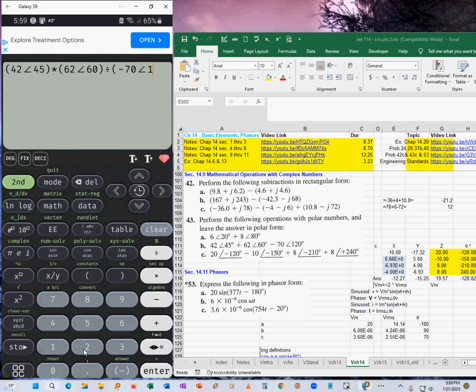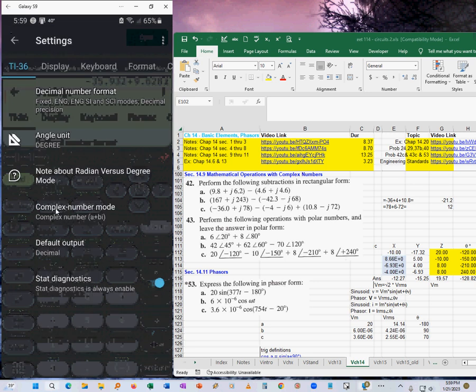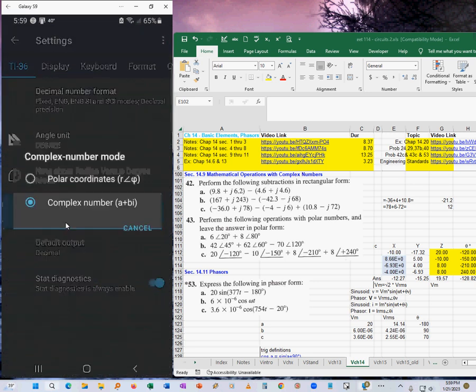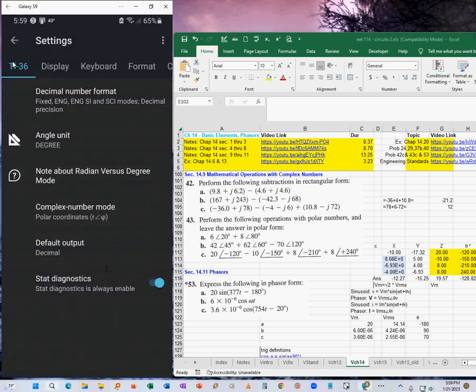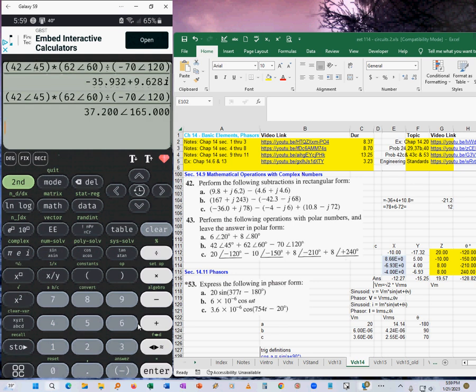There's your answer in rectangular mode, and in polar mode it's going to look like this. Okay? And then going back into the other calculator, doing the same thing.